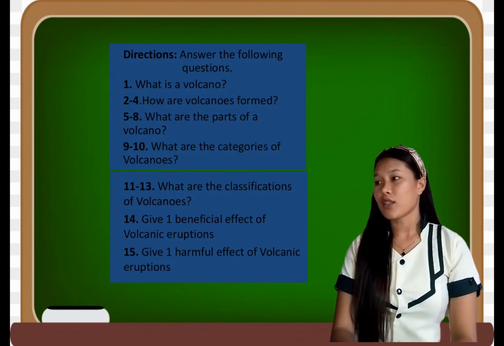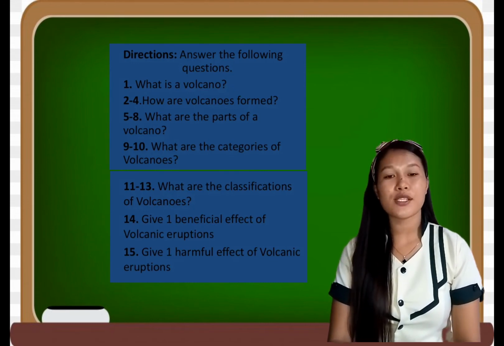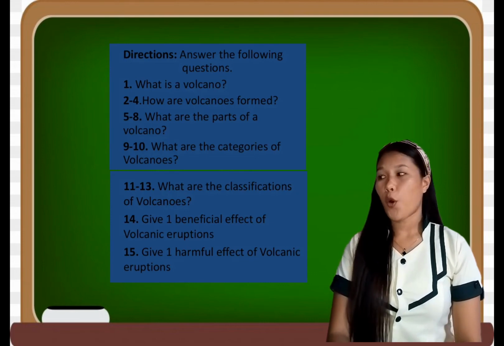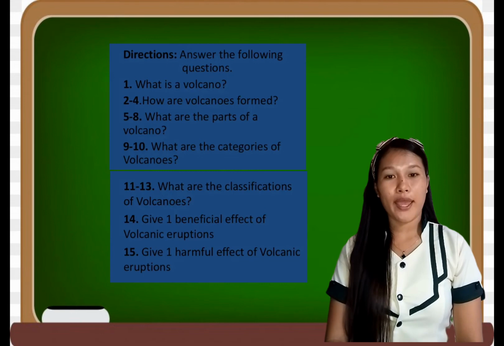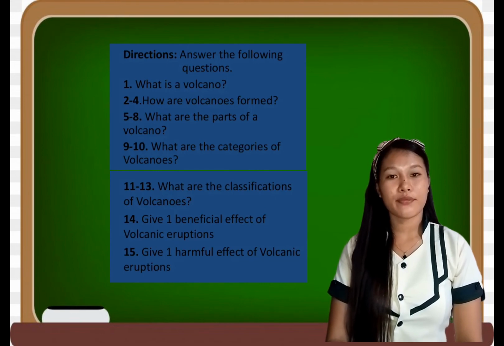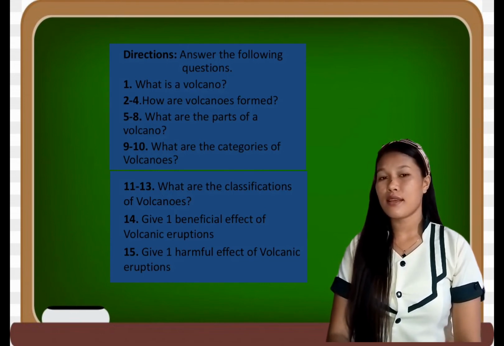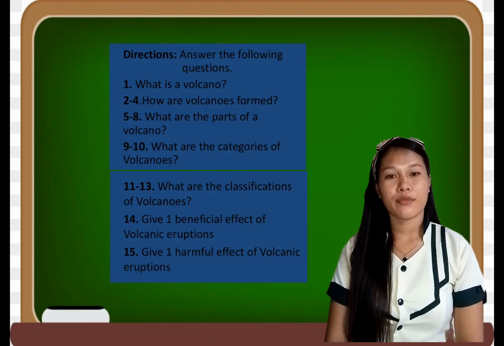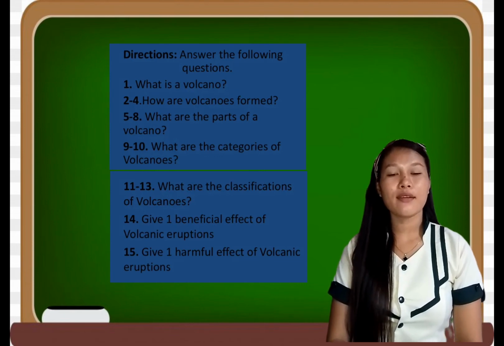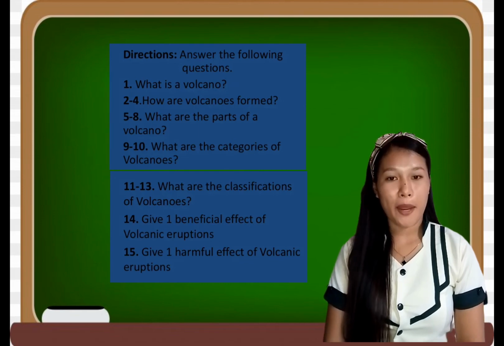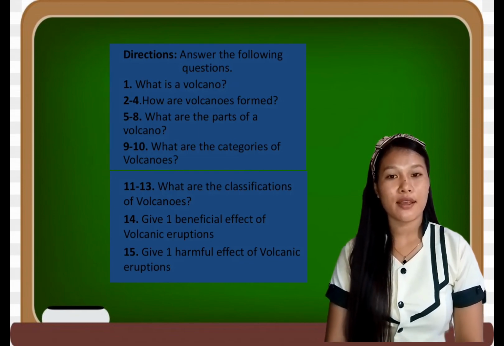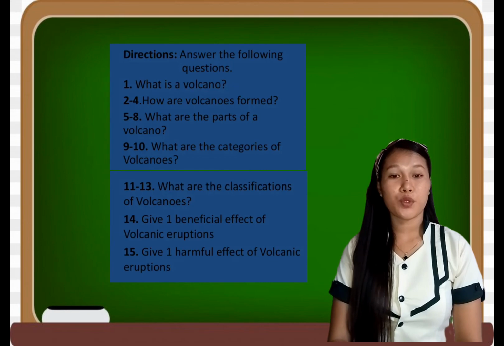Third is attracts tourists and visitors. Fourth is adds nutrients to the soil. And the last is acid rain. Okay, everybody then? Exchange your papers with your seatmates and then put a check if his or her answer is correct.